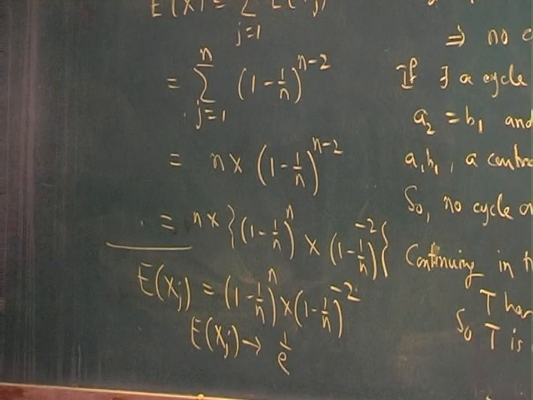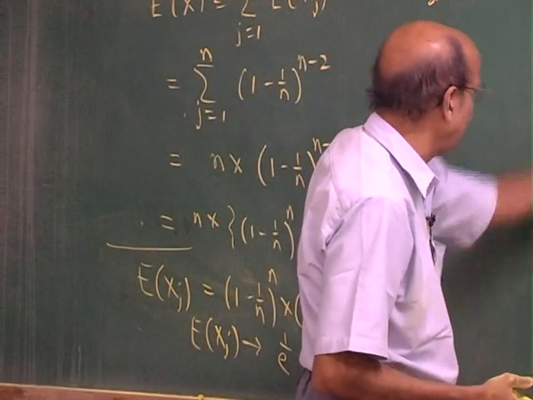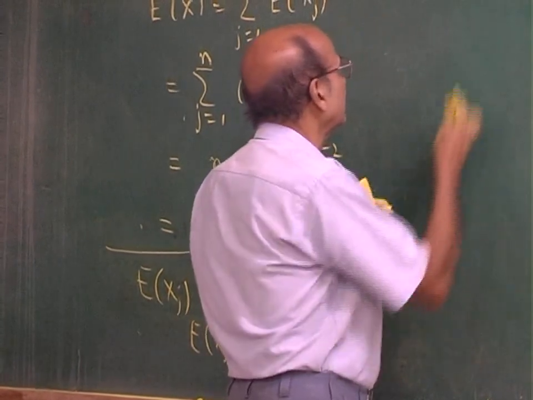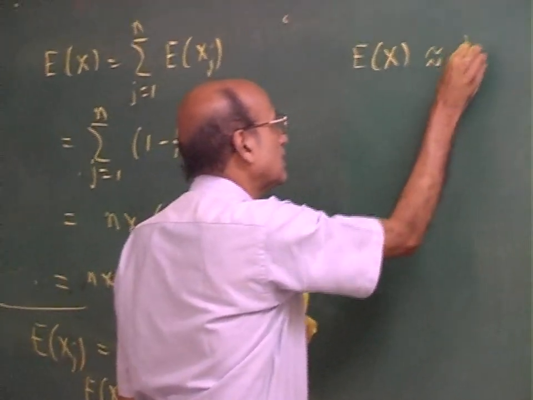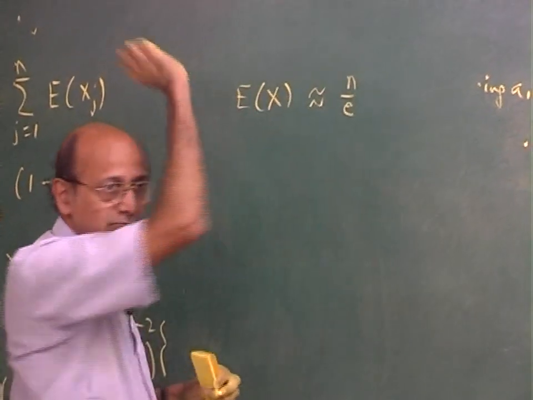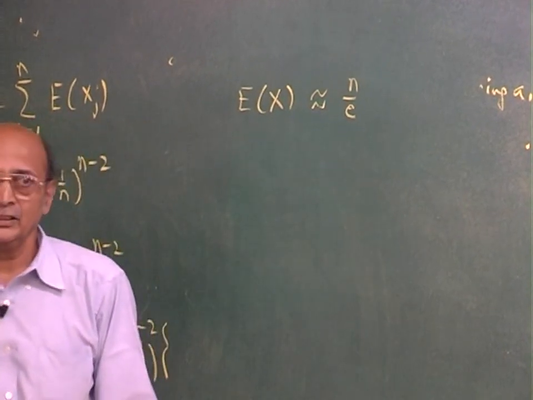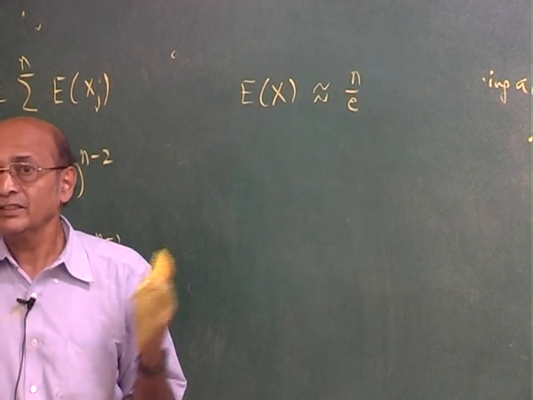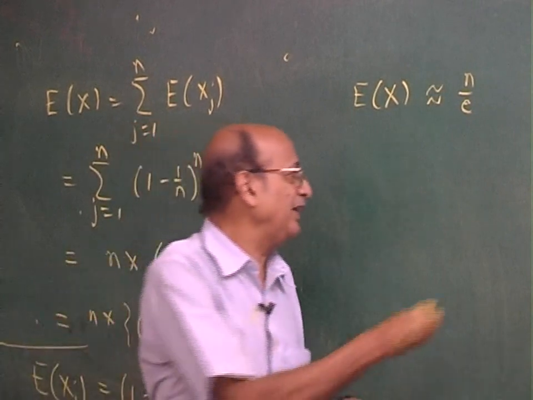And what that means is the expectation of X is about n upon e. What does this tell us? This is a quite surprising result. Do you know roughly how big 1 upon e is?